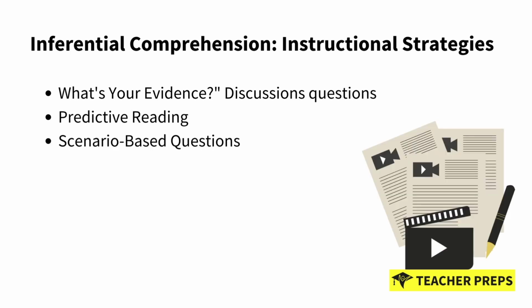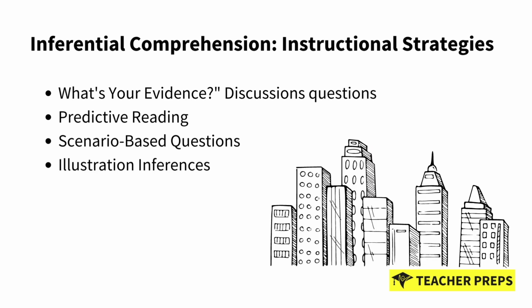Then we have scenario-based questions, and this is when a teacher gives students hypothetical scenarios related to the story's theme or characters and have them infer likely outcomes or character reactions. Next is illustration inferences, where we can use illustrations, if available, to help students infer the mood, setting, or themes of the story.